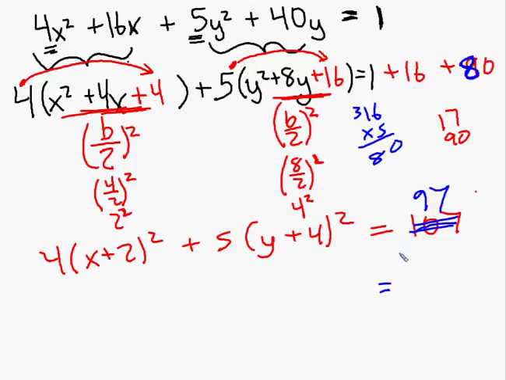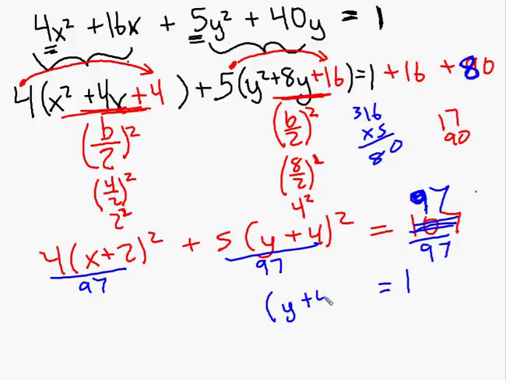So I have a 97 here. If it's a circle, I do want my number right there. But if it is a circle, I want my number here. But I have all these extra numbers. So this is actually an ellipse. So when I have an ellipse, I divide by that 97. Everything. Now this does not come out nice.